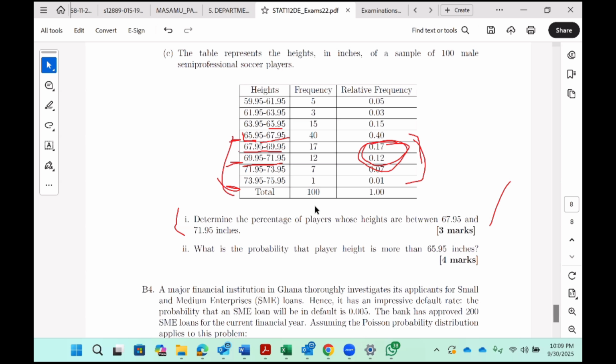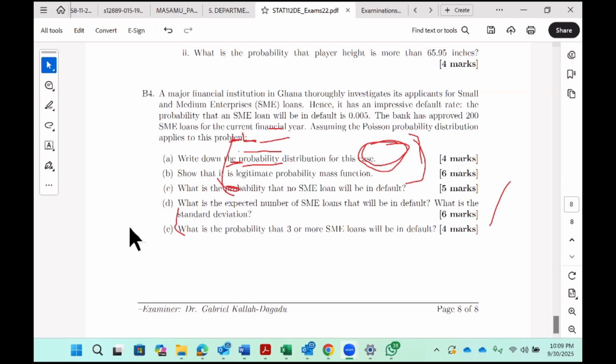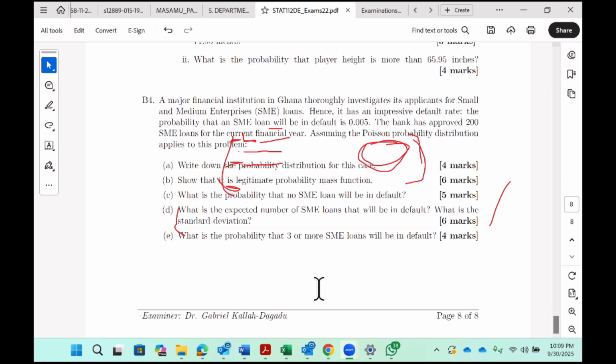Okay, then finally, this is also a question that we can easily solve without difficulties. So we go through that, then we end that. Now a major financial institution in Ghana thoroughly investigates its applicants for small and medium enterprises loans.